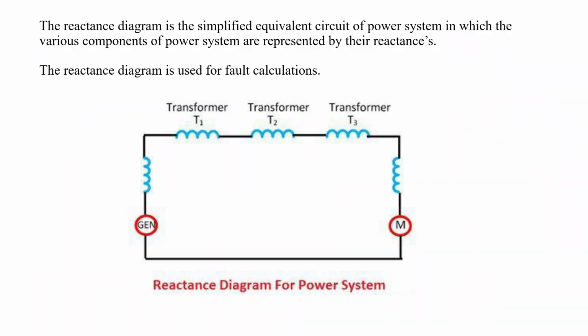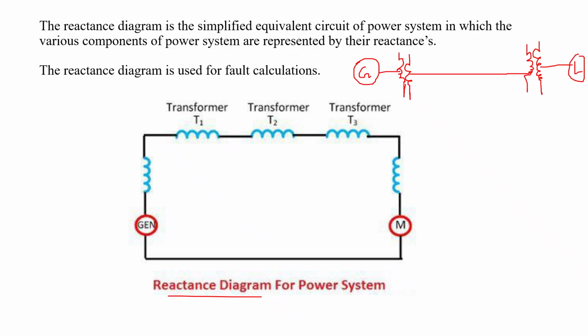This is another form of representing a power system, that is the reactance diagram. So what is a reactance diagram? As you have already seen, if I simply draw, there was a generator, then a transformer for stepping up, then transmission of power, and then before the distribution another transformer for stepping down. This is the load or the consumer.